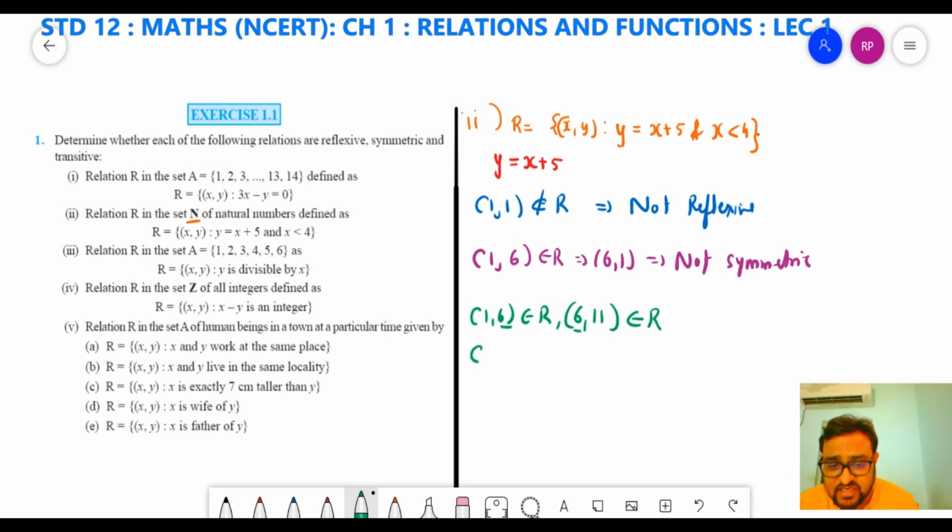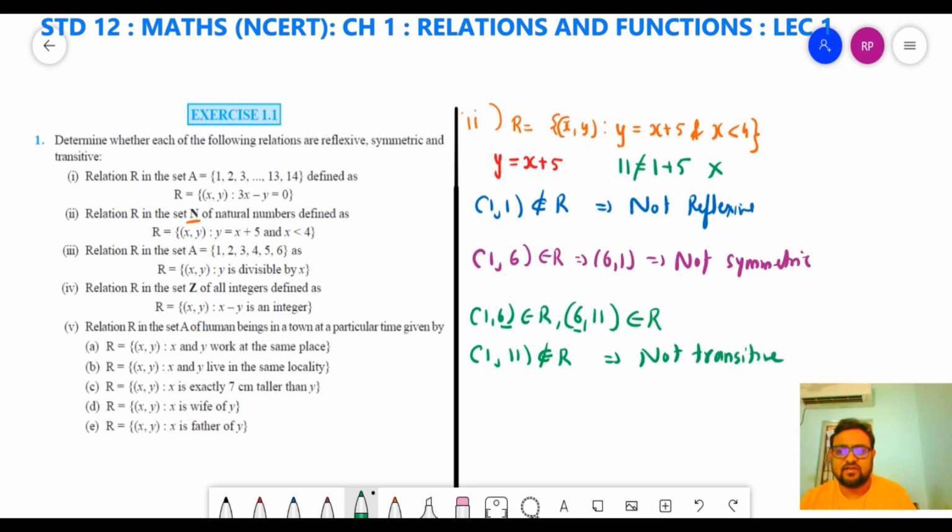So if it is transitive, then (1, 11) must belong to R. Let us check. Can I write down 11 is equal to 1 plus 5? No, that is not equal to 5. Therefore, this does not belong to R. Therefore, it is not transitive also.